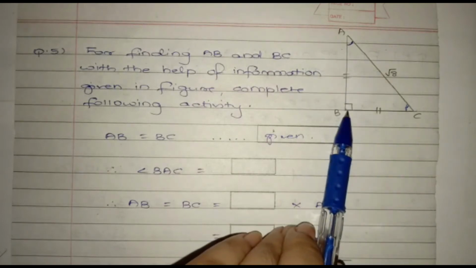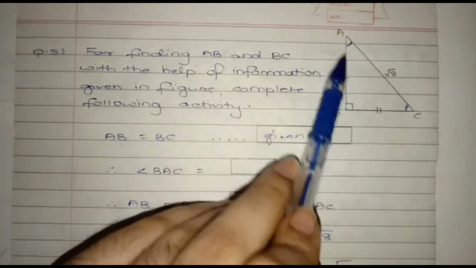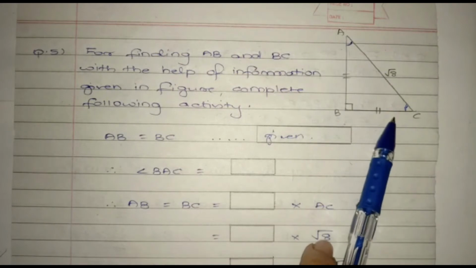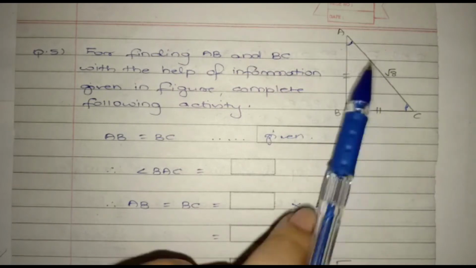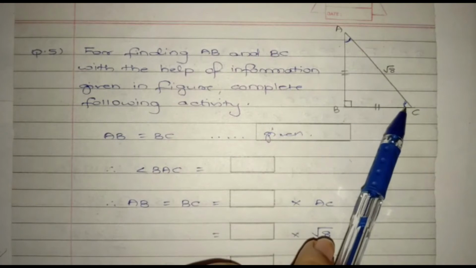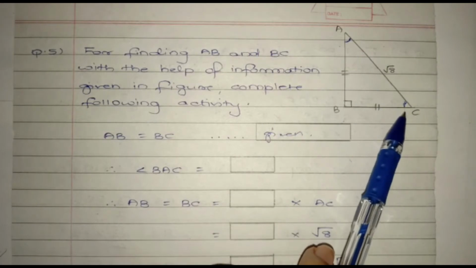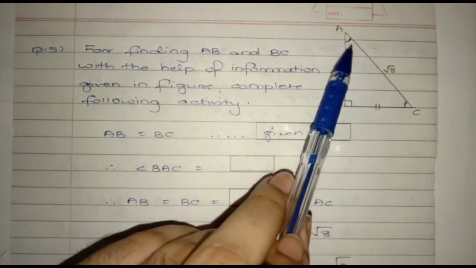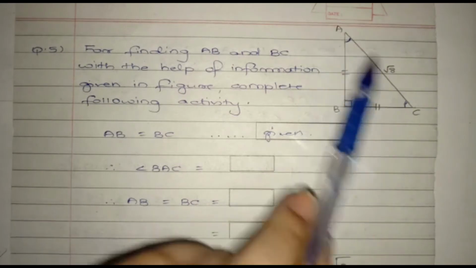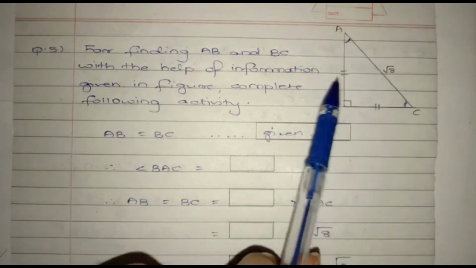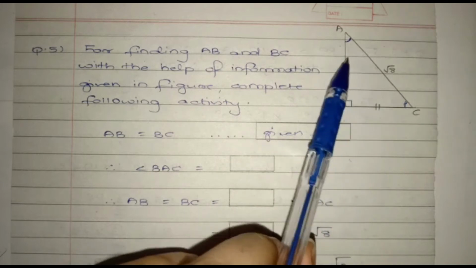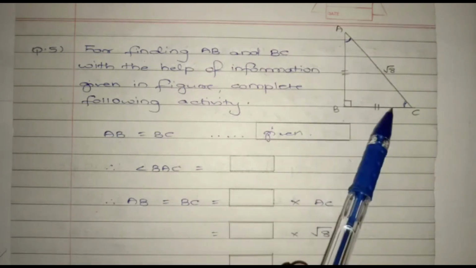Now this angle is 90 degrees. So if these angles are to be equal, then they will be 45 degrees each, because 30 or 60 is not equal, so it will be 45 and 45. Then only these two angles will be equal. Since these two sides are equal, therefore these two angles are also equal.